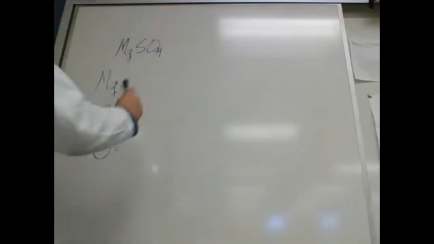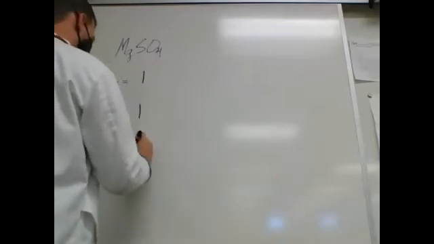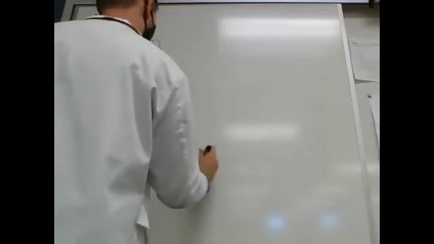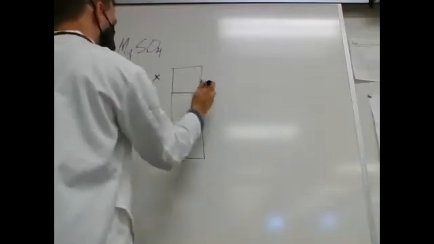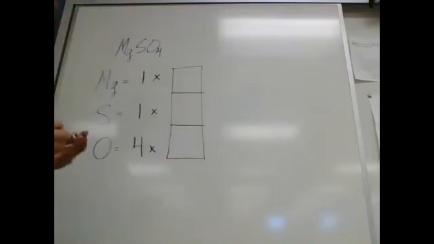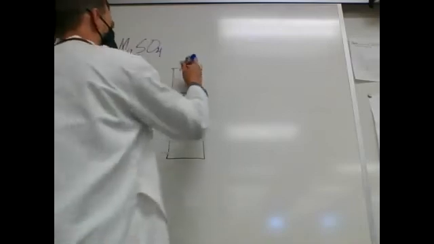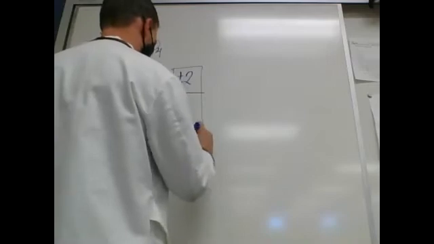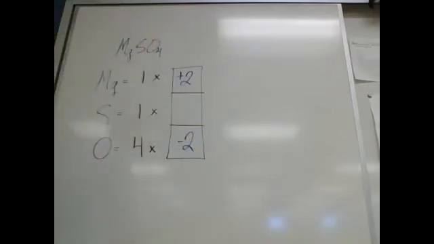I'll count 1, 1, 4. By following my rules, magnesium in this situation is always +2 as expected. Oxygen is -2 as expected, but sulfur does not have a solitary rule to follow.